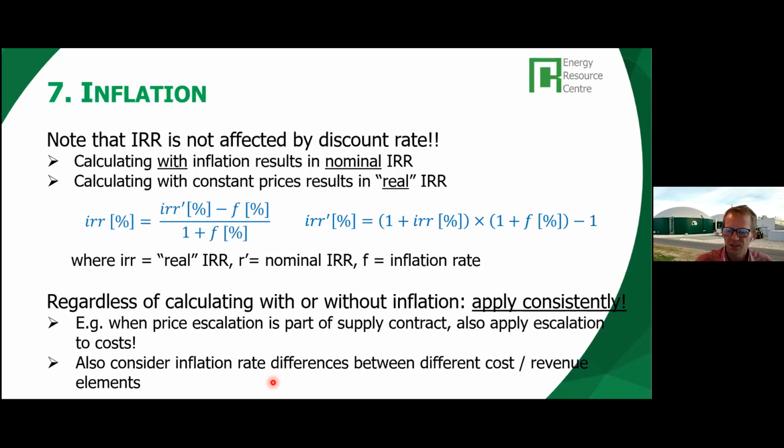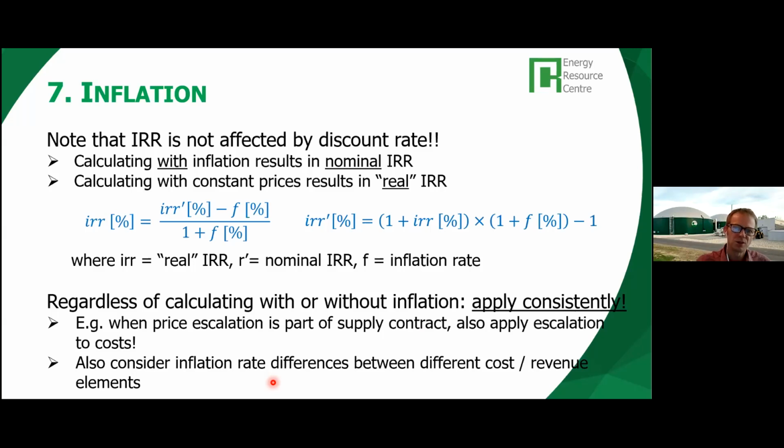It could be that energy costs, for example, increase at a higher or lower rate than average. It could be that salary levels increase at different rates, or that for certain elements like biomass cost, you may have different increase rates.